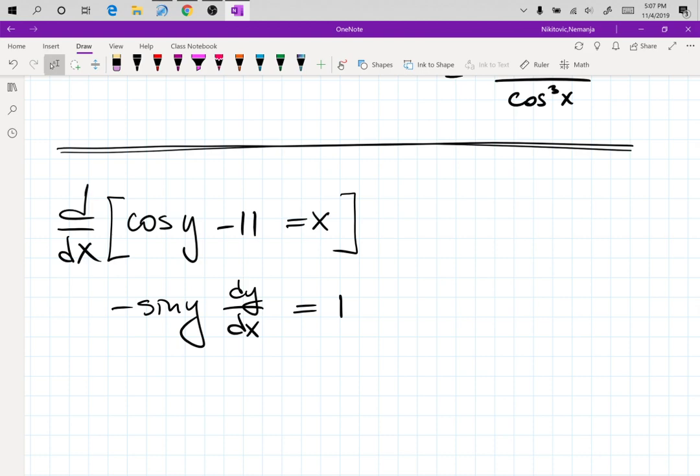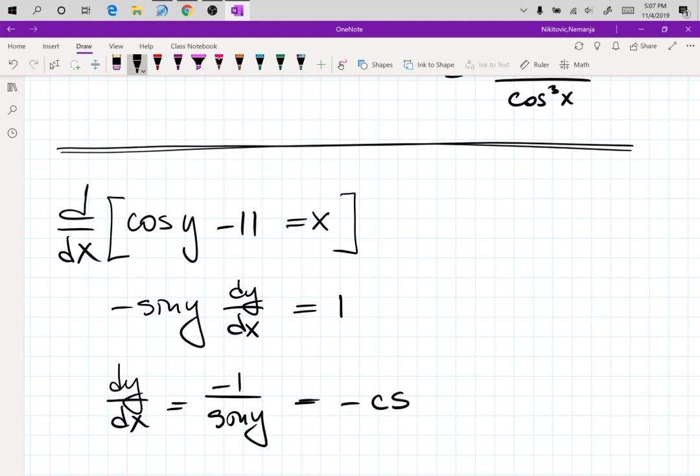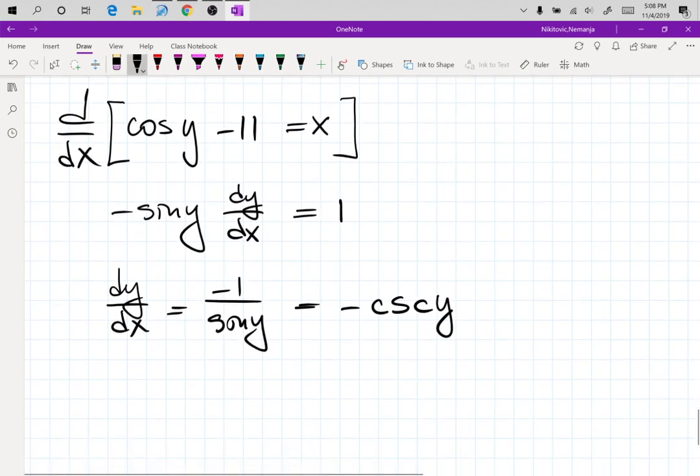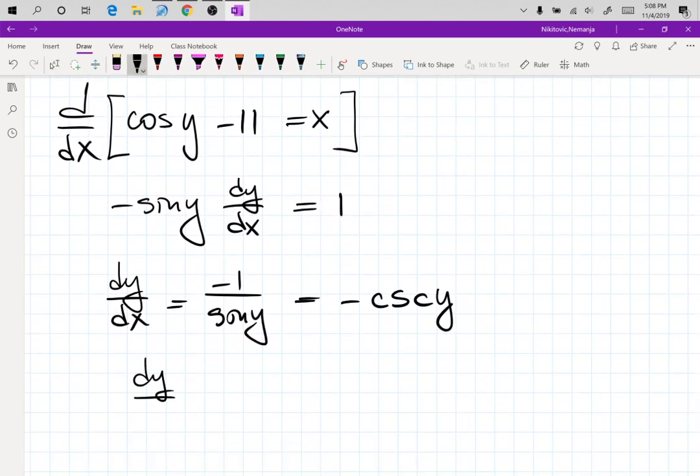So now we're going to move negative sine y to the other side. So dy dx is equal to negative 1 over sine y. And we know that that's cosecant of y. So the derivative we're looking for is just negative cosecant y.